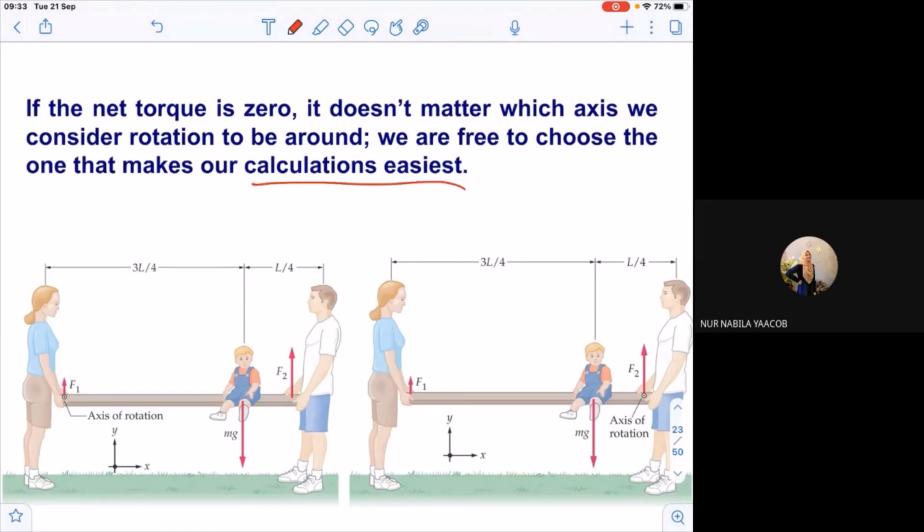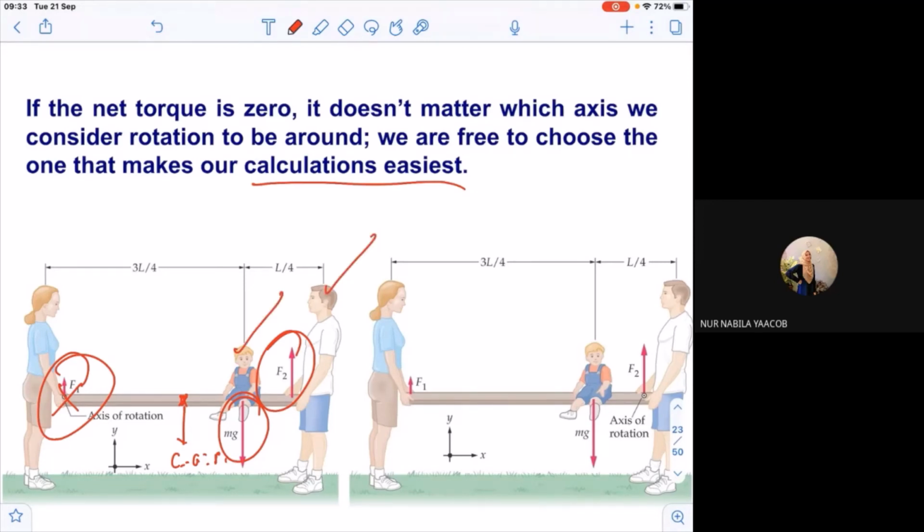For example, the child is not in the middle, but I want to take this one as the center of rotation. Very bad idea, because then we need to calculate F1, mg, and F2. If you put the center of rotation at F1, then you don't have to calculate the torque of F1. Just make sure about the boy and also the man.